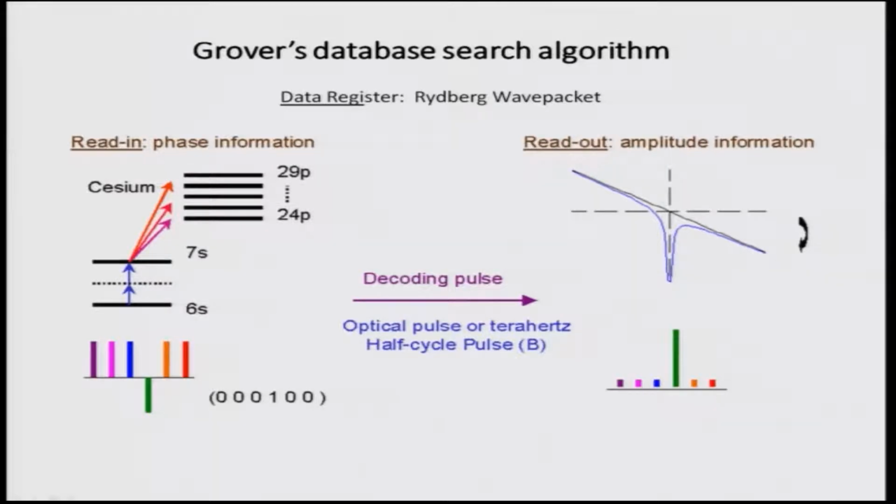So, it was essentially reading the Rydberg wave packet where the data register was stored.